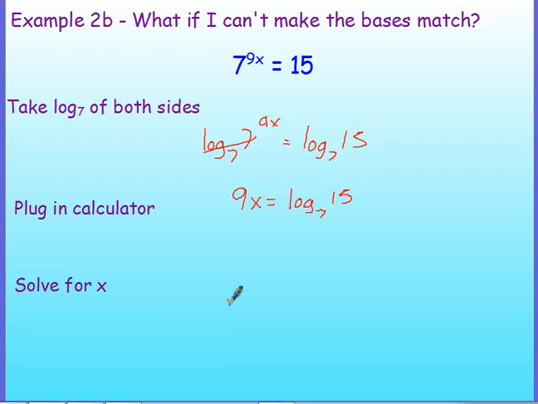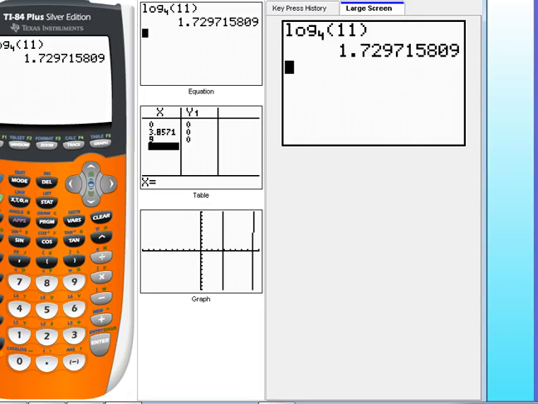So, it's going to look weird, but guess what I'm going to do? I'm going to say x is log base 7 of 15 divided by 9. Now, it looks weird to you, but don't worry, you're not going to do it. The calculator is. And the calculator can handle that. Okay? So, how do you think I should put that in my calculator? So I'm going to set up a what? A fraction. You guys know how to set up a fraction?